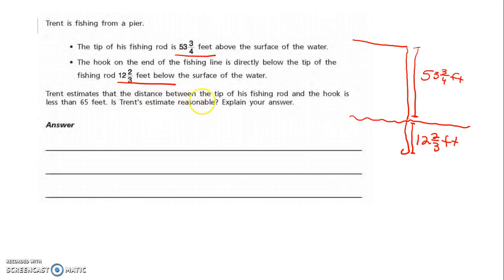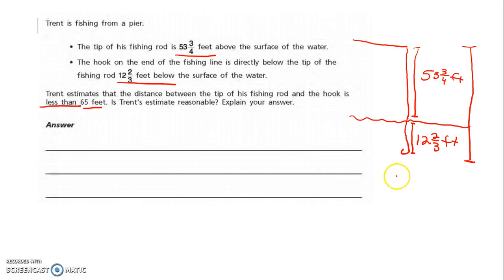He estimates the distance from the tip of the fishing rod and the hook, so if he goes all the way down here to the hook, he estimates that distance is less than 65 feet. Is his estimate reasonable? Explain your answer. Okay, so if you have 53 and some feet above the water, 12 and some feet below the water, the question is, is there a way for that total distance to be less than 65 feet?